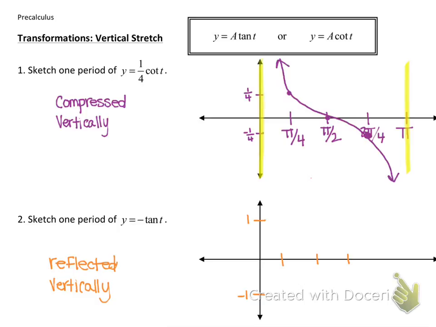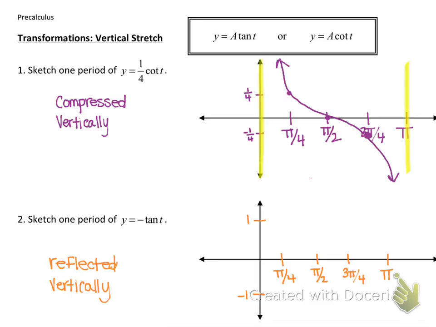I have an interval of pi. So I have pi over 4, pi over 2, and then 3 pi over 4. And then I have pi.